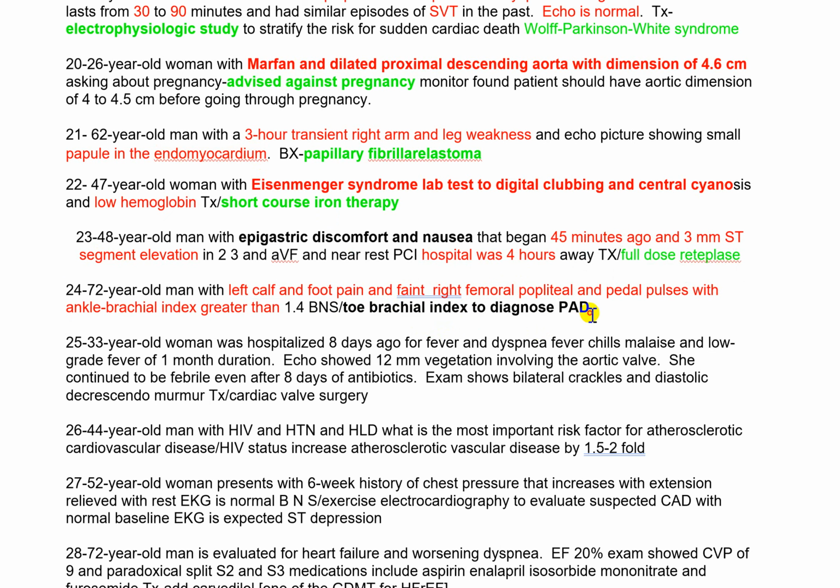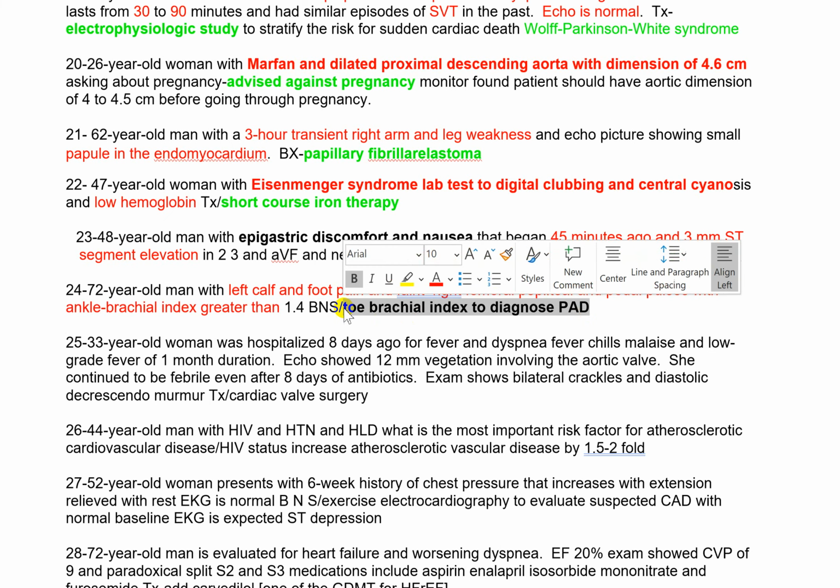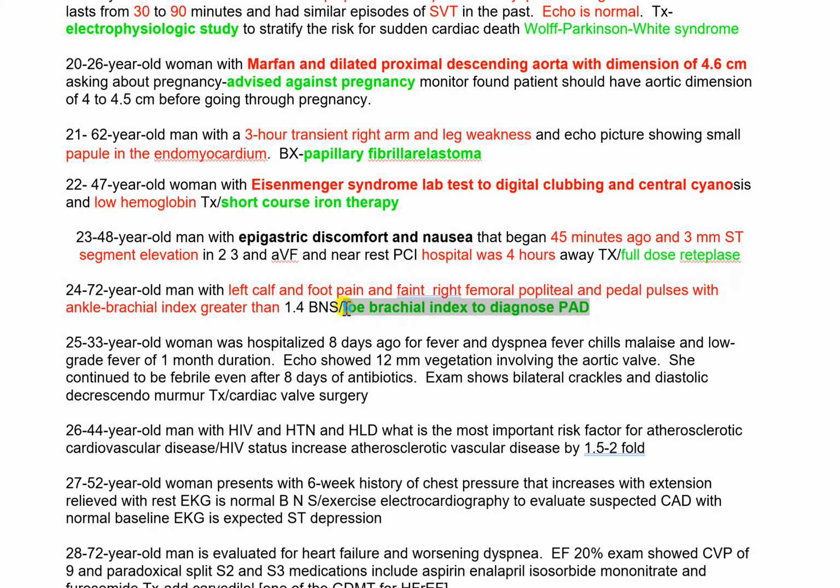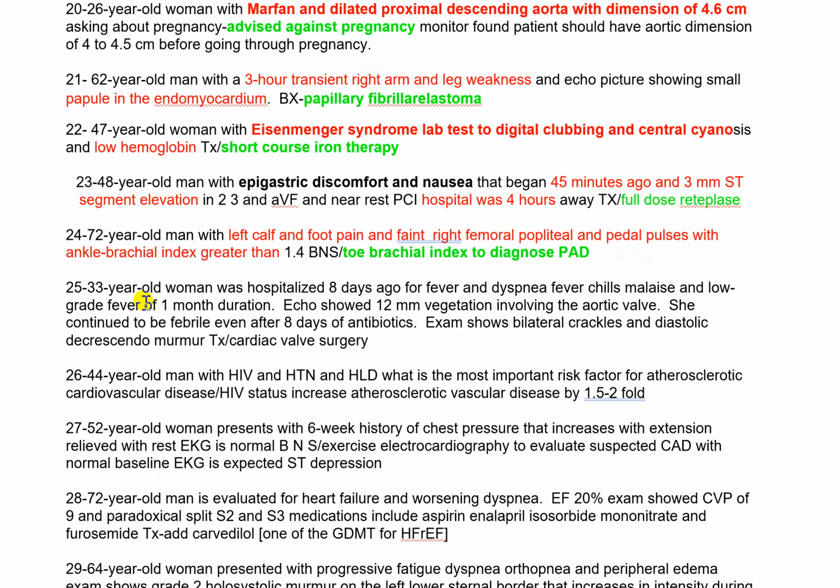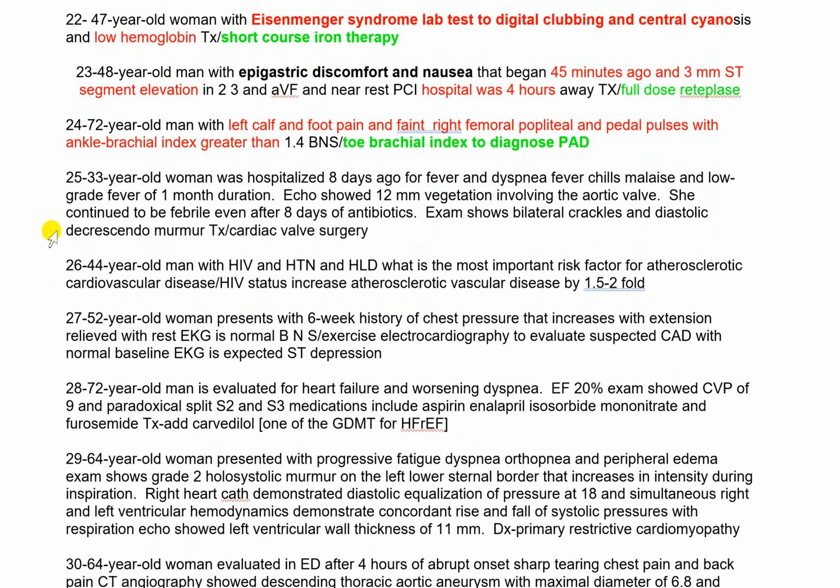If the ABI didn't help you, then you do toe brachial index to diagnose PAD. So this is one thing you also add to the memory card. Also, you narrow it down. So, right, ankle brachial. Yeah.